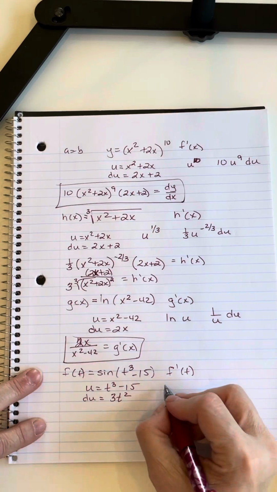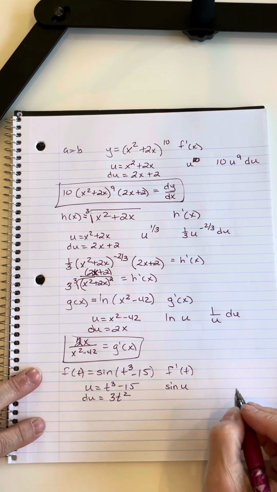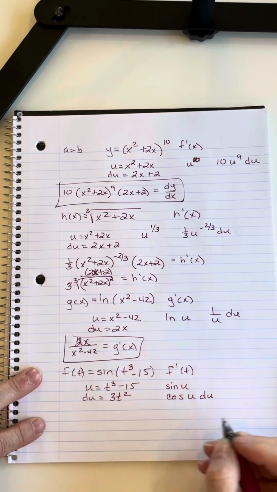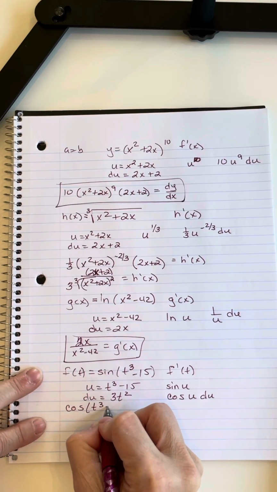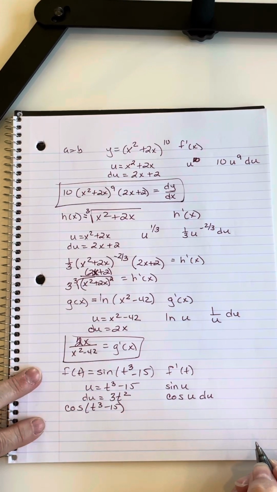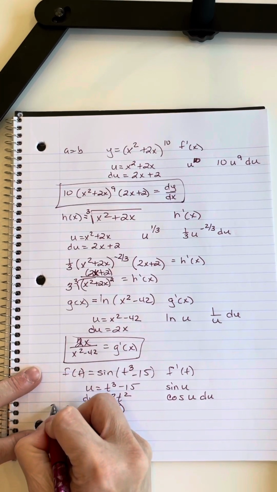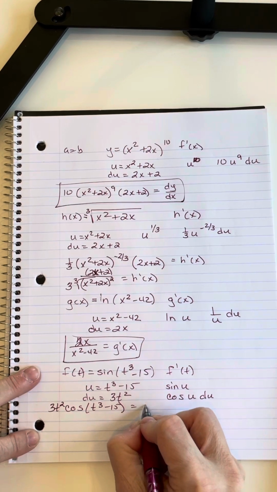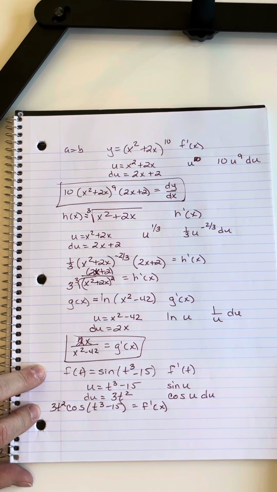That drops off. And then that gave me sine of u, and the derivative of sine is cosine of u du. So plug it back in, cosine of t cubed minus 15, multiplying with, so I might put that in front to be honest, 3t squared, and then that would be our f prime of t. I don't think there's any other way to simplify that one.